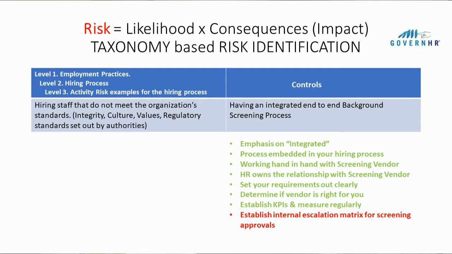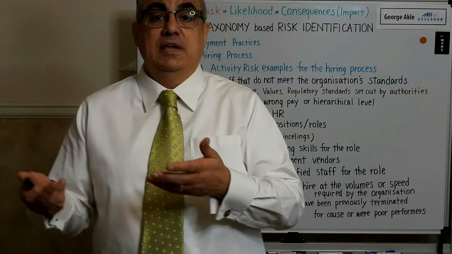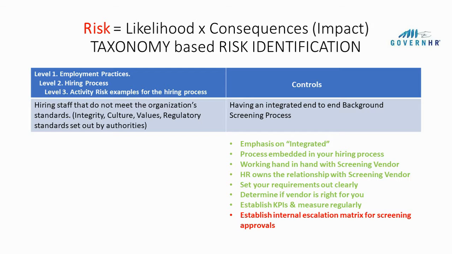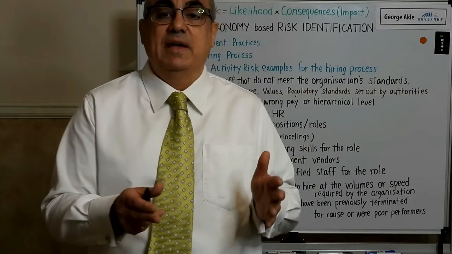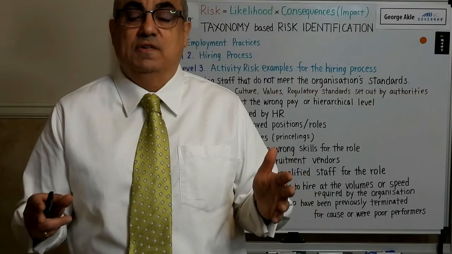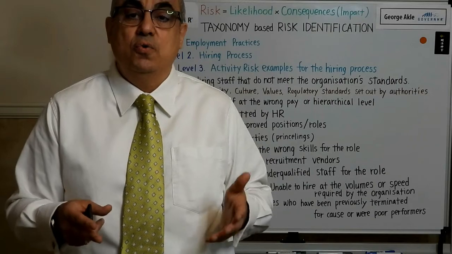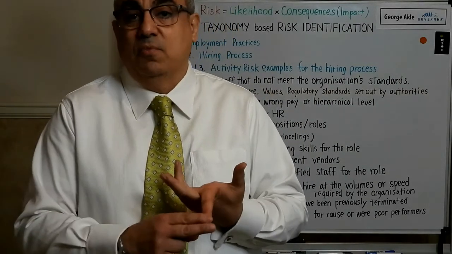So you get a screening report that's red, amber or green generally, or you get a report saying that there's insufficient information and we need to prod the hire, or we need to call on the line manager, the hiring manager, to extract more information, etc. Either way, you need to have a process internally by which this information flows seamlessly across your organizational chart and your organizational hierarchy to determine who is responsible for approving, disapproving, vetoing, requesting more information, etc.